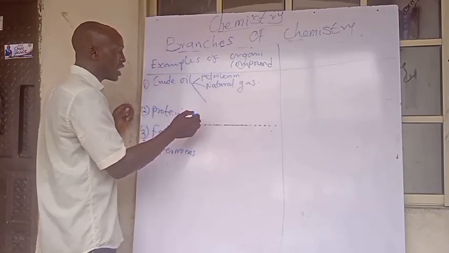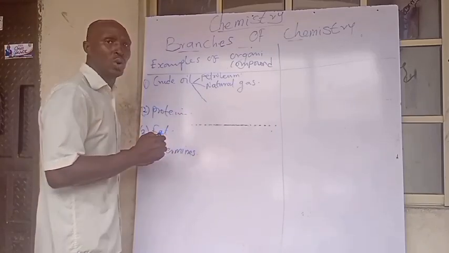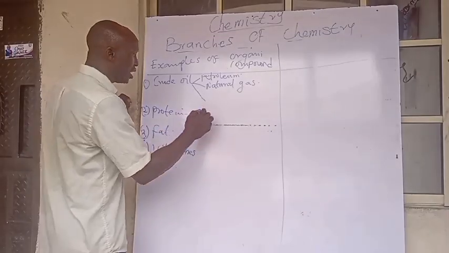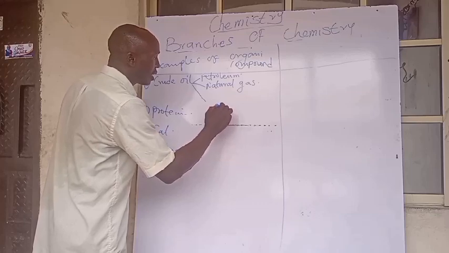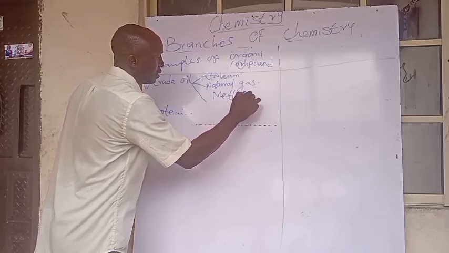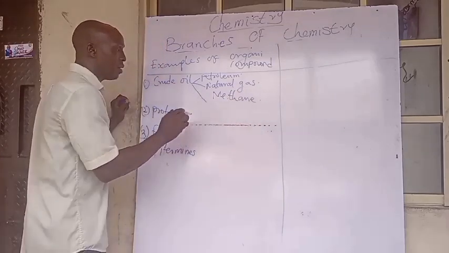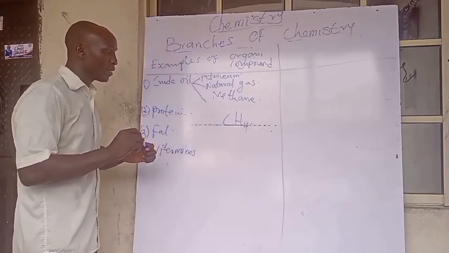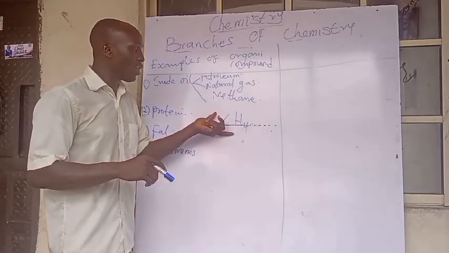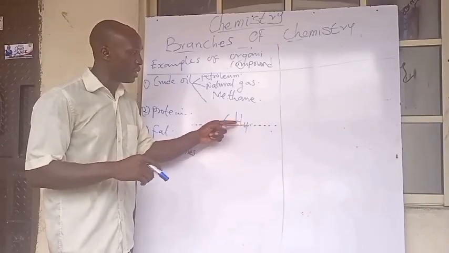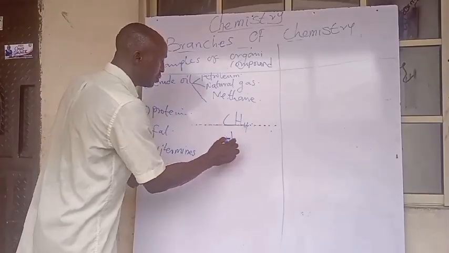Let me also talk about methane, so that I can explain this carbon-hydrogen bond, so that persons will understand. Let's look at a natural gas like methane. Methane is CH4. You can see that the presence of carbon is there, and hydrogen is also there.